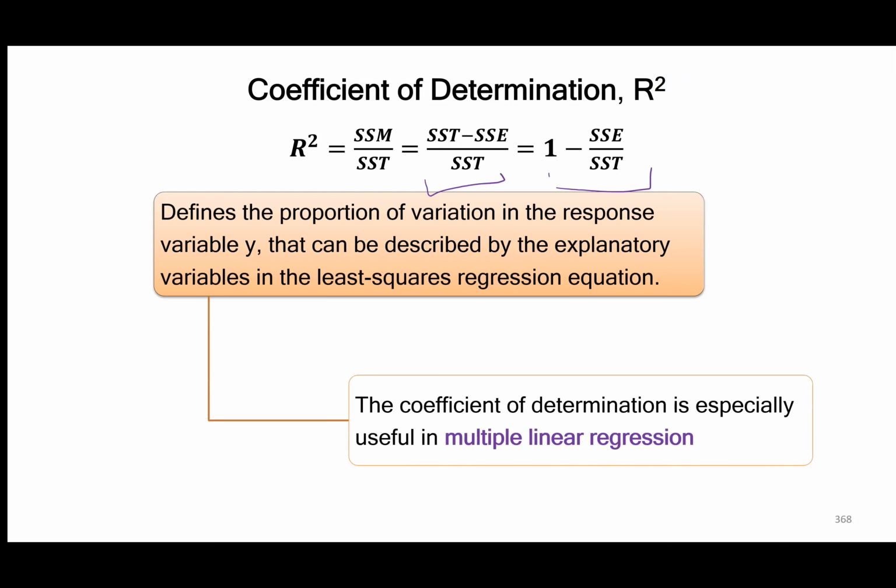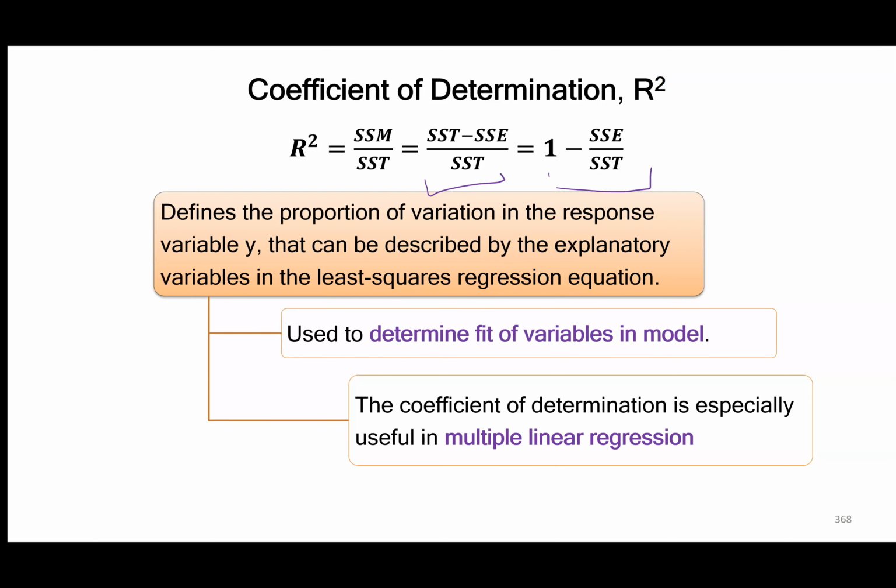So it's definitely very useful in multiple linear regression. It helps us figure out how well the model fits. And if it's really, really low, if it's anywhere close to 0, we probably don't want to, and that's just it.